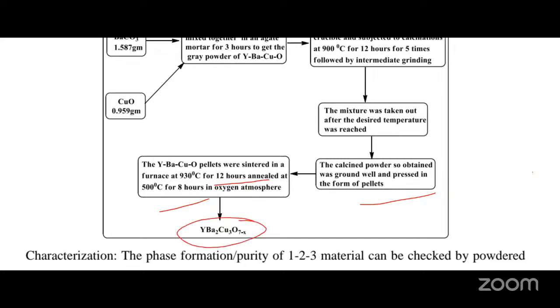Finally, we can get YBa2Cu3O7-x. This is the procedure to prepare 1, 2, 3 materials.